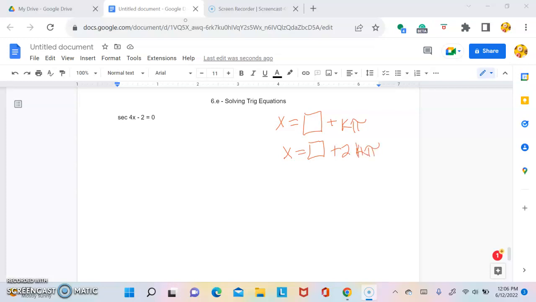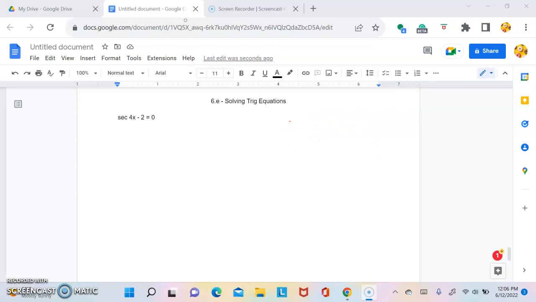Depending on the problem, something over here might change, like if you divide by 2, that's going to cancel out, but this is the basis of what the answer is going to come out to.